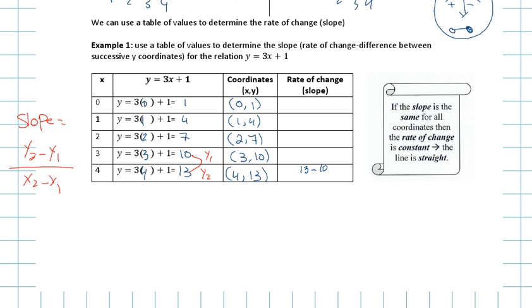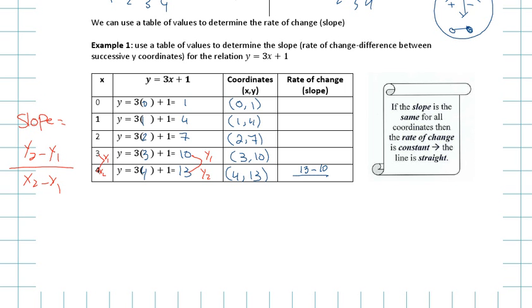So, y2 minus y1, so that's 13 minus 10, divided by x2 minus x1. So x2 is 4 and x1 is 3. So 4 minus 3, which is 1, right? So that's 3 over 1, which is 3.